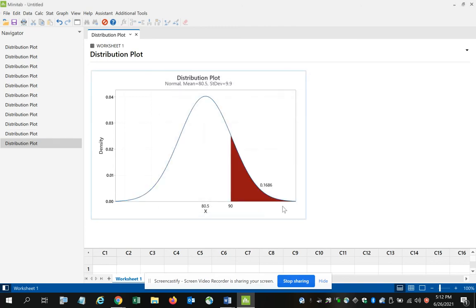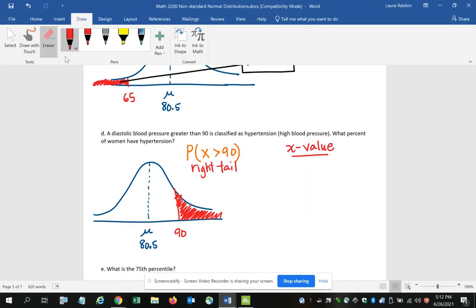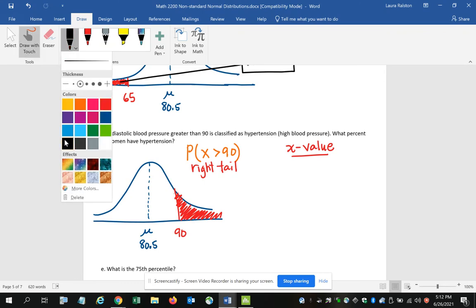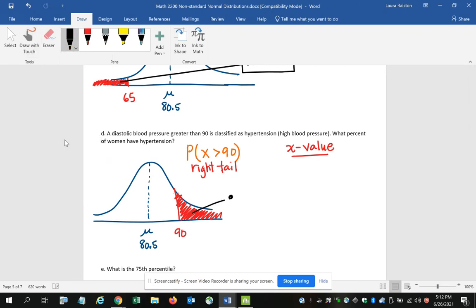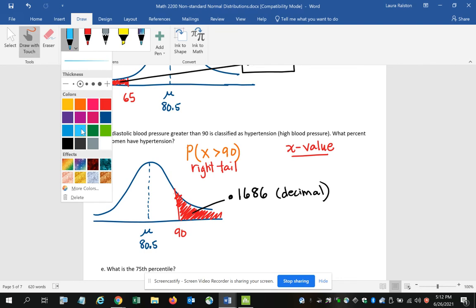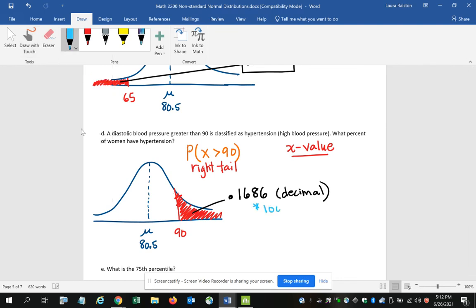Click OK. 0.1686. The red shaded region, according to Minitab, that probability is, as a decimal, 0.1686. Okay, remember that's a decimal. This question asks for it in terms of a percentage. So we would multiply the decimal times 100%, which gives us 16.86%, or about 17% of women have hypertension.